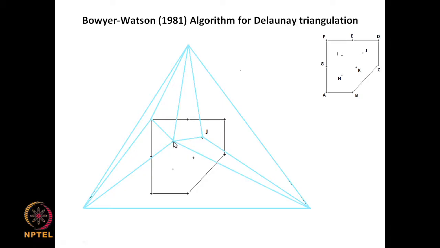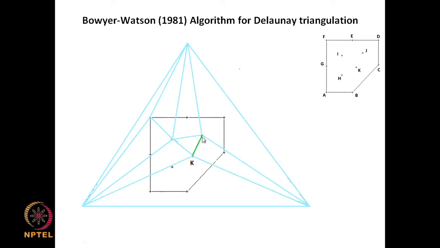So, if you draw a circumscribing circle passing through all these things, you can see that this vertex is obviously inside. So, that means that joining these 2 is not a good idea. We should be joining these 2, and that is what we have put here. So, instead of joining these 2 which was originally there, as a result of the test we have decided to join these 2 and make triangles this way rather than this particular way.